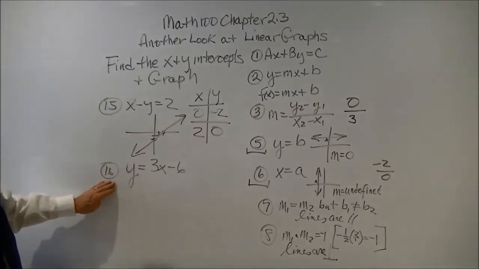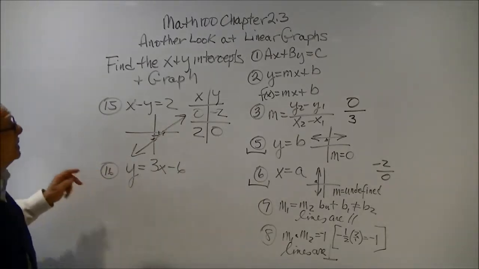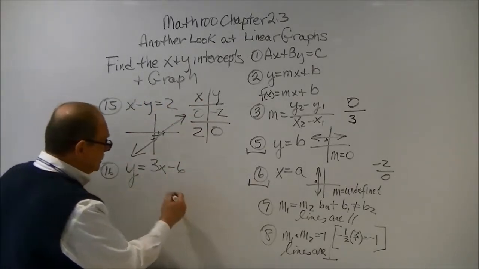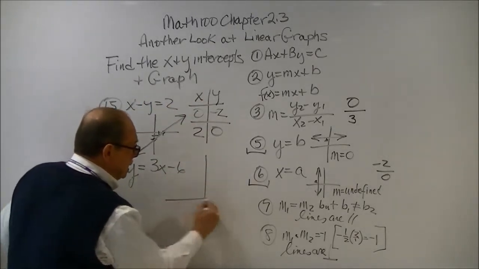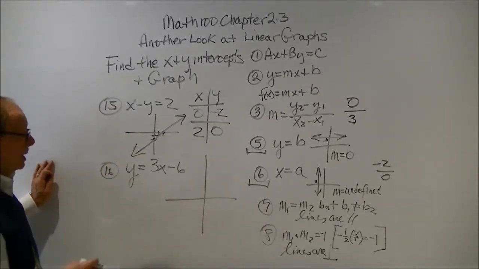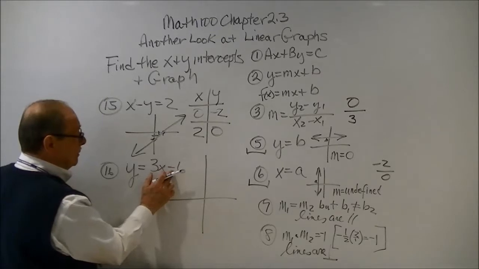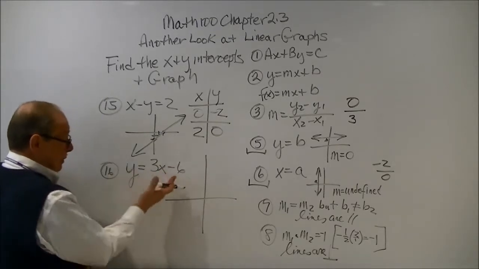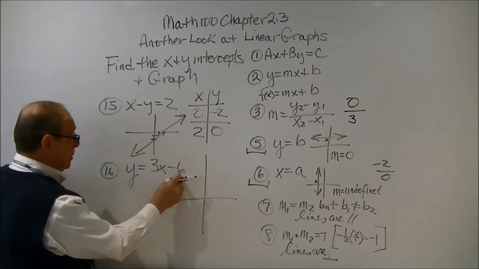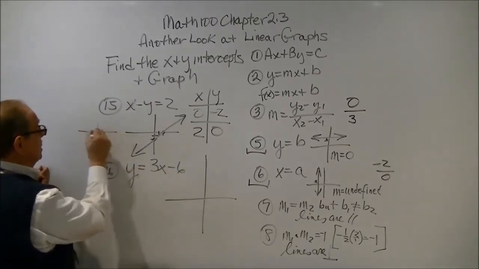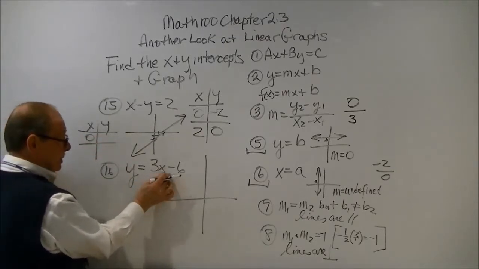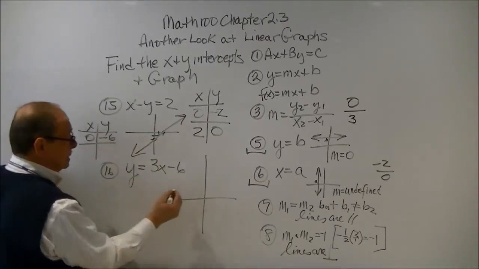Now, for number 16, even though they said find the x and y intercepts, I think it's okay if we use the technique we used previously. That is, solve for y, which is what the equation is, then plot the y-intercept that we know. If x is 0, then it's going to be -6.